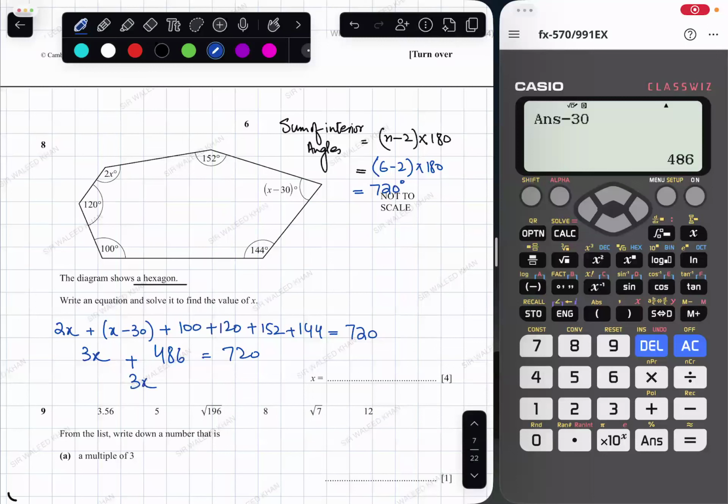Now 3x is equal to 720 minus 486, not the other way around. That is 234. So 234 divided by 3 is 78. X is 78.